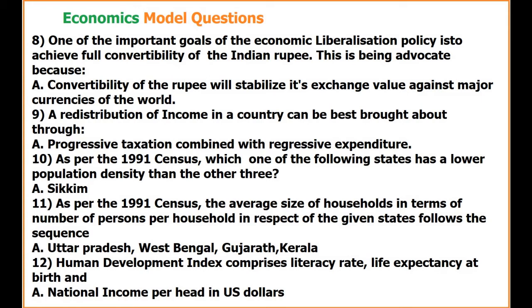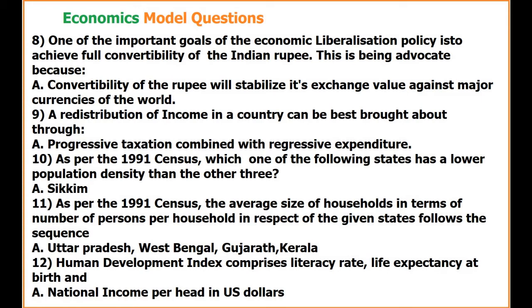A redistribution of income in a country can be best brought about through progressive taxation combined with progressive expenditure. As per the 1991 census, which one of the following has the lowest population density than the other three? That is Sikkim.